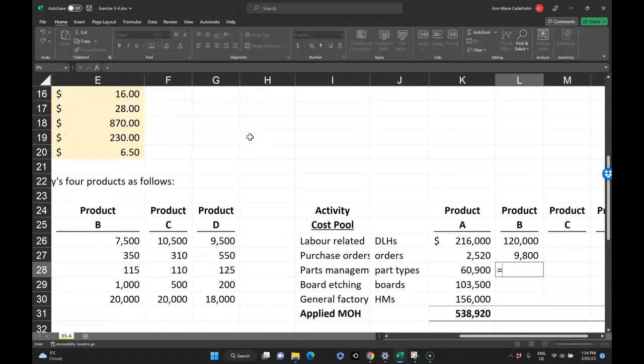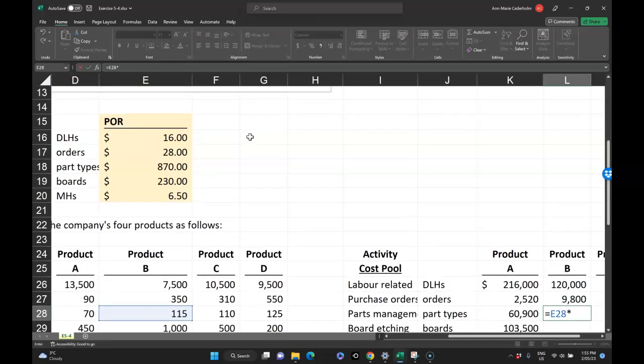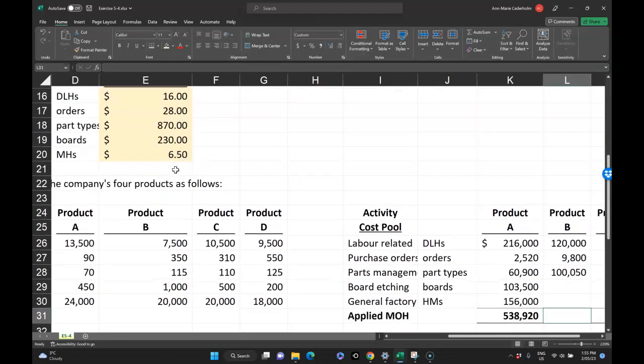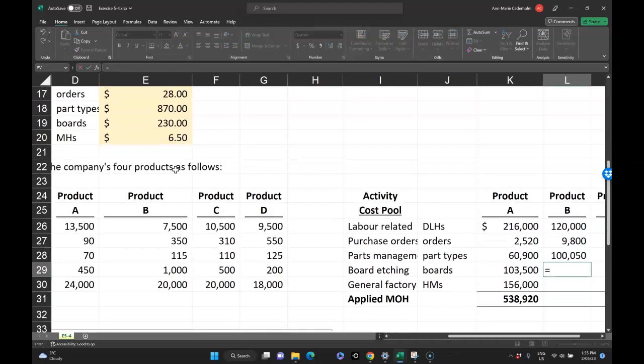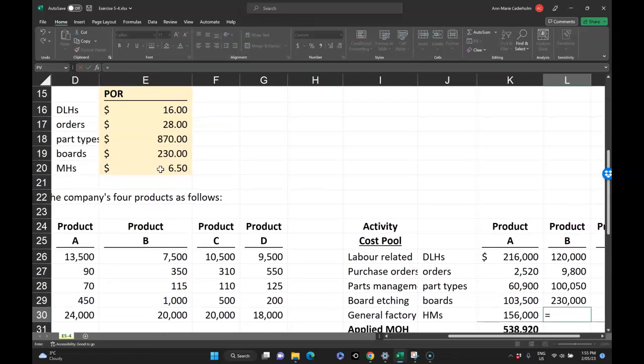For parts management, I'm going to take the 115 and then multiply that by the 870. With boards, I'm going to take the 1,000 and then multiply that by our predetermined overhead rate for boards, which is 230. And then general factory, I'm going to take the 20,000 and then just multiply that by the 650.